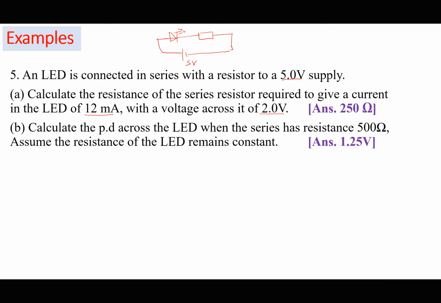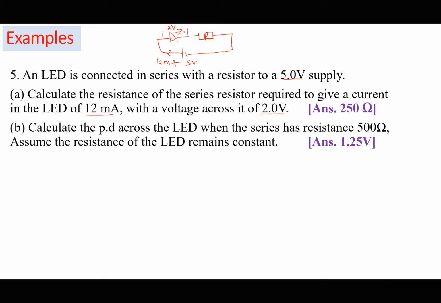Calculate the resistance of the resistor required, so let this be R, required to give a current in the LED of 12 milliamperes. Because they're in series, the current is going to be the same, 12 milliamperes, with a voltage across it. So the PD across the LED is 2 volts.